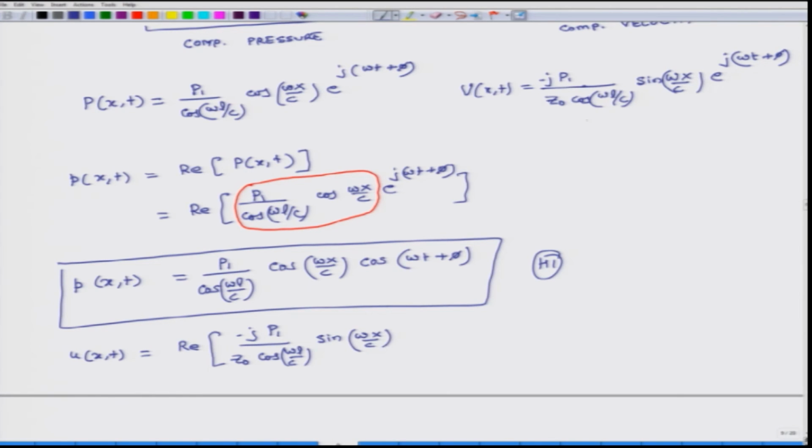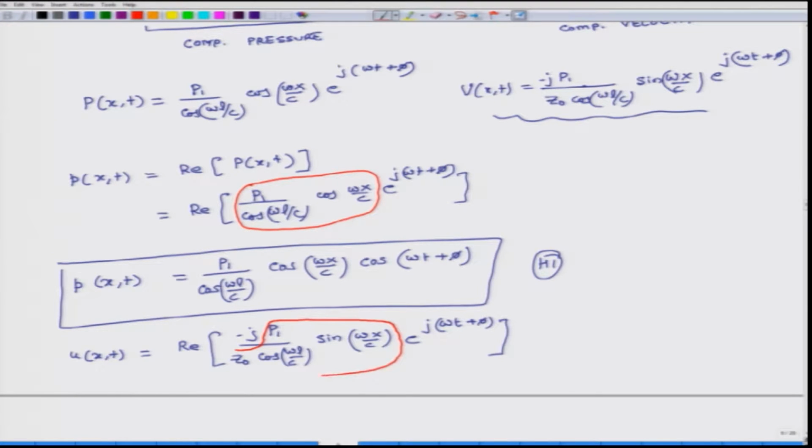So, where are we getting it from? We are getting it from this relation e to the power of j. So, here what is real?